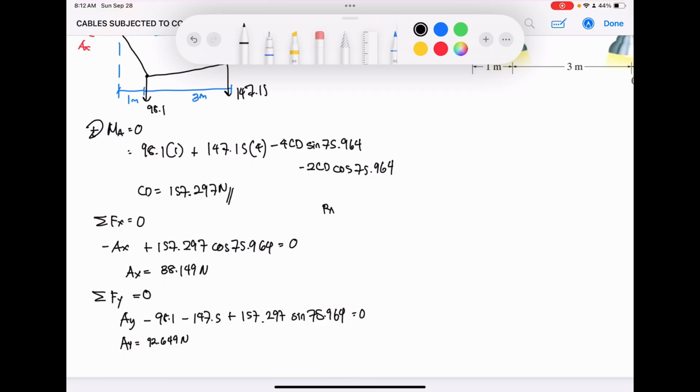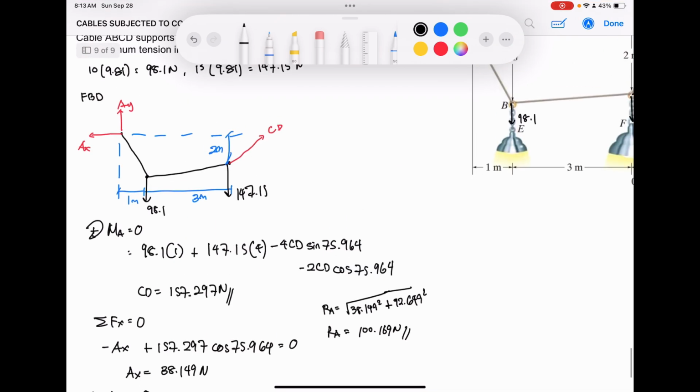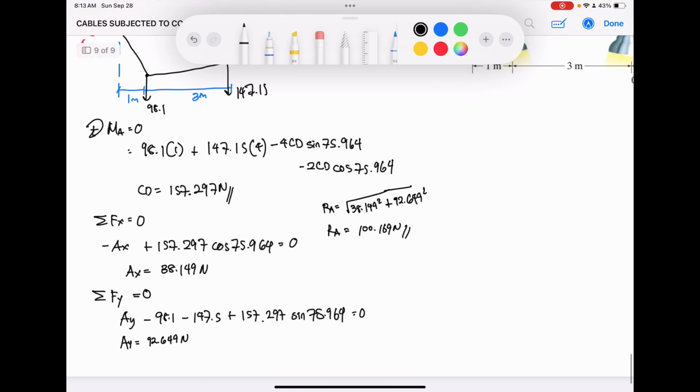RA is equal to square root of 38.149 squared plus 92.649 squared. RA is equal to 100.169 newtons. Meron na tayong TAB.